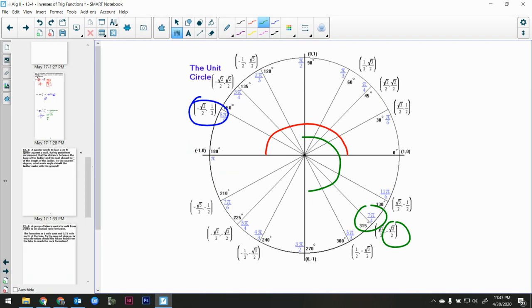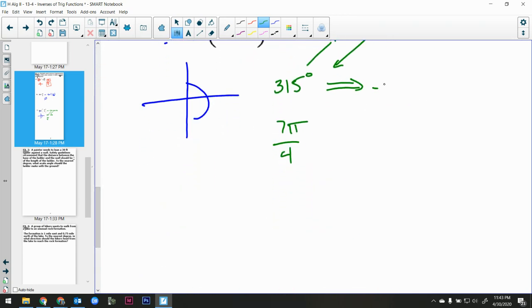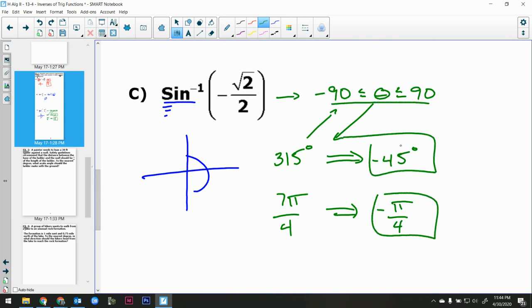Is that within the domain? Yes. Negative 45 degrees, or negative pi over 4, is the coterminal angle that matches, and that's the true answer, because it has to fit within this domain.